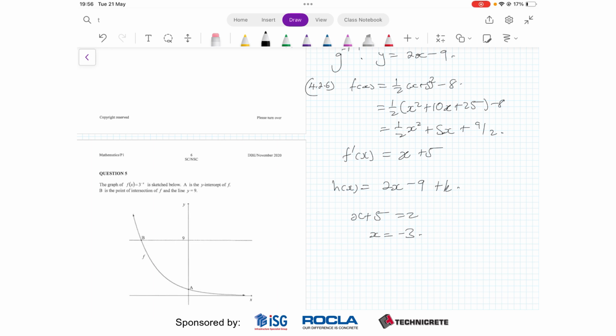Then if x equals minus 3, substituting this into any one of our formulas, f at x or h at x even, but rather substitute it into f at x, you find that y is equal to minus 6. And that is the point where our graphs meet, where f at x is equal to h at x, at the point minus 3 and minus 6.